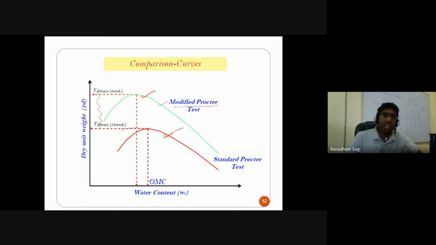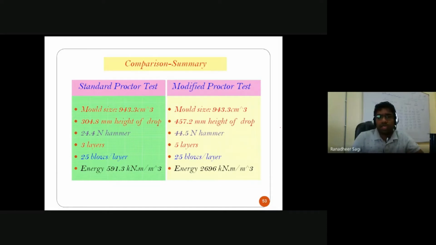However, when it comes to the OMC value, the OMC you get for the modified Proctor test is less than the OMC value you get from the standard Proctor test. Already we have talked in the last class about the basis for this difference in OMC values. So that is a simple comparison of the standard Proctor test and modified Proctor test.